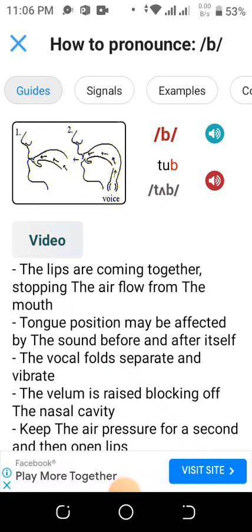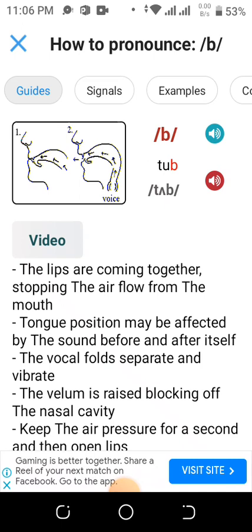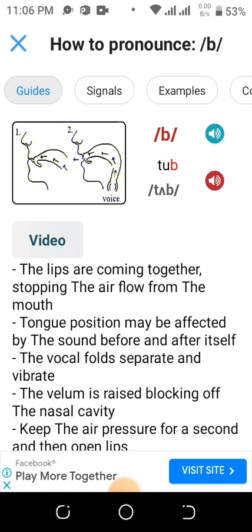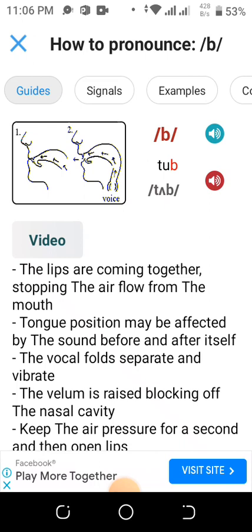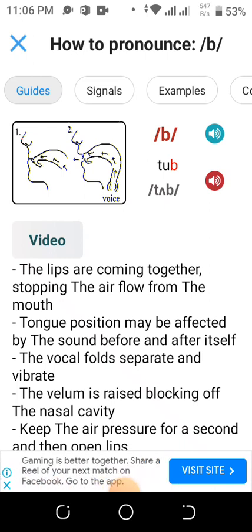Listen very carefully and try to understand where the B sound is pronounced and how it seems to be very close to the P sound. Tub, tub.